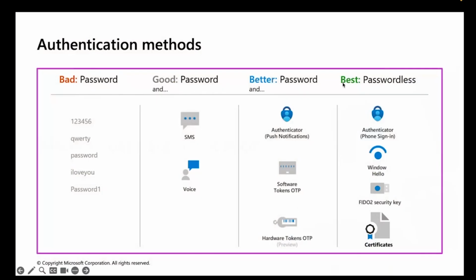But passwordless is the best: Authenticator app, Windows Hello for Business, FIDO2 security keys, certificate-based authentication. These are the best options, and these are known as password-less authentication methods. So we are moving from password to password-less design, and password-less is very secure in comparison to the previous options.